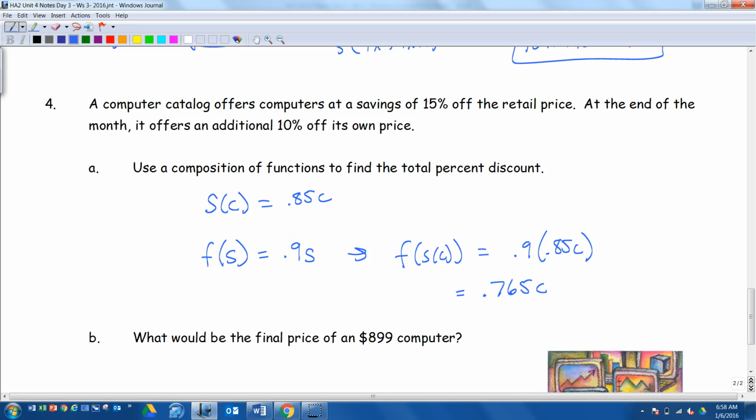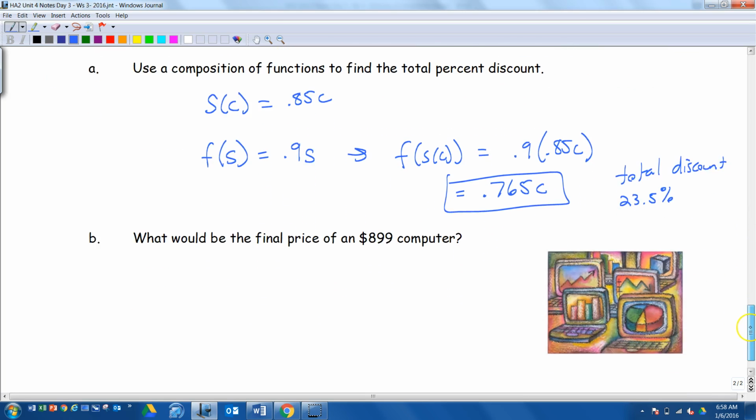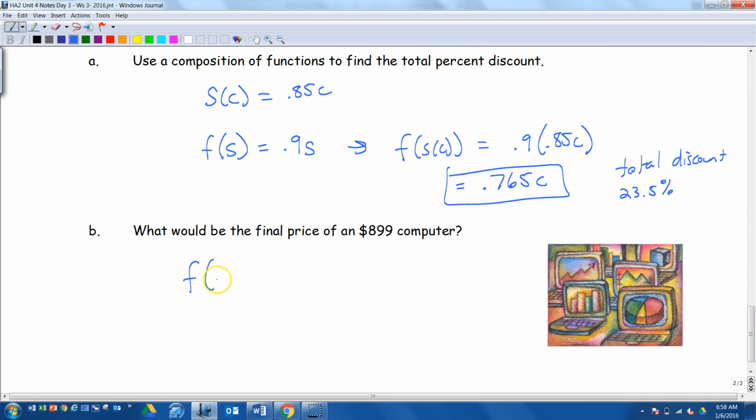Okay, so the total discount, the total percent, so this is the equation, so the total discount is 23.5%. What would the final price? Well, you can just plug this in.